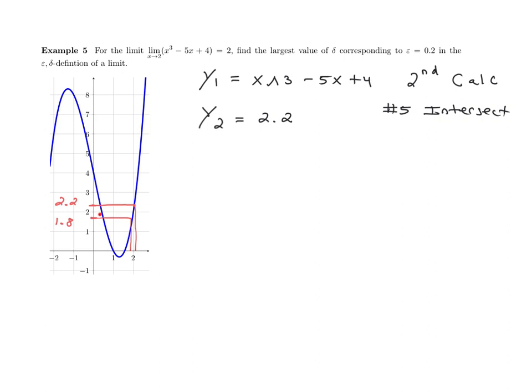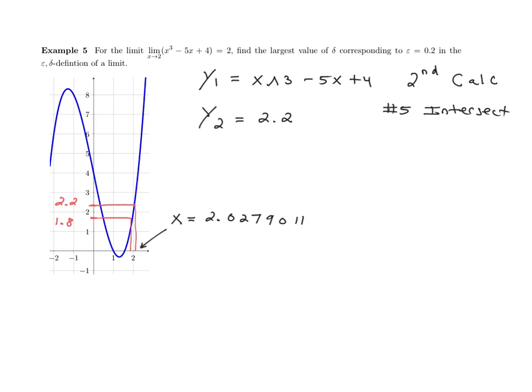What you want to do is move the point until you get really close to the intersection point by pressing left or right. So I'm going to move this over to the right, and then you hit enter. It says second curve, you hit enter again. It asks for a guess, but you just hit enter again. And here, what I got for the x value is 2.027911. So that's pretty accurate.